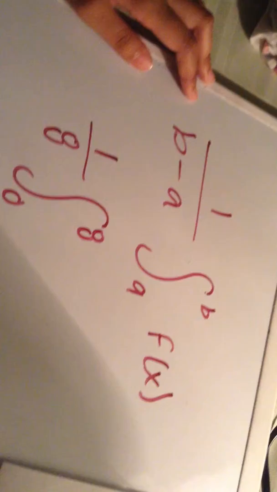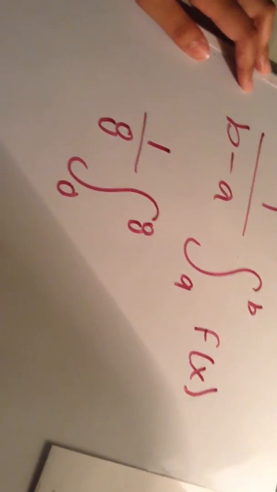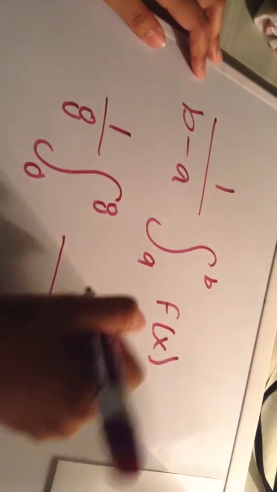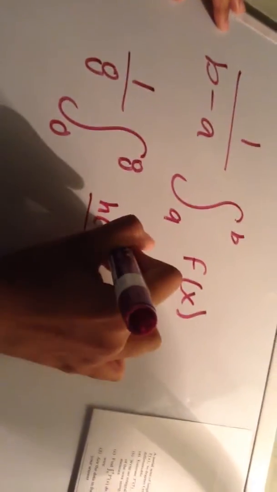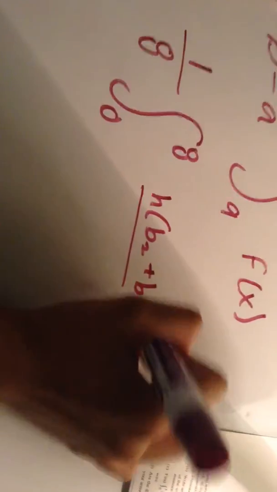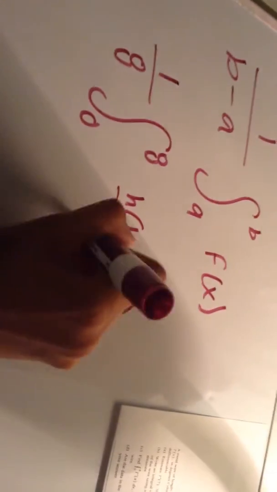And using this, we're going to do a trapezoidal sum, which means we're going to do height times base 1 plus base 2, over 2, for each subinterval, and these are going to be our 4 subintervals right here. This is what the problem is referring to. So let me erase this.